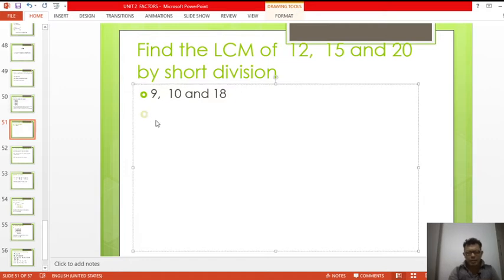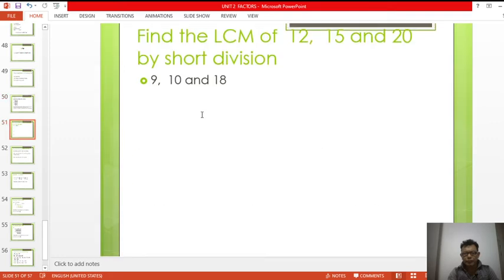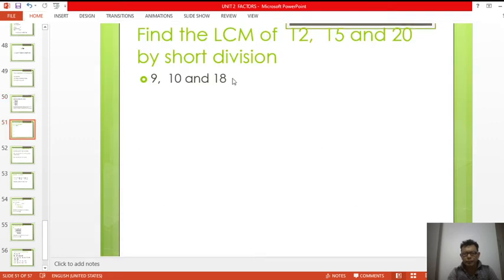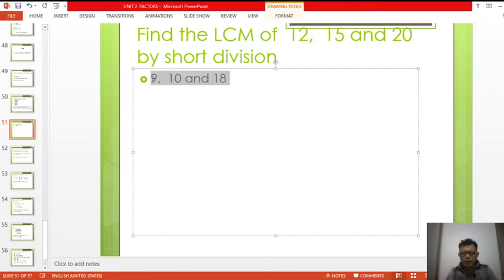Okay, we write them horizontally. So let's write 12, comma, a good space, 15, then a good space, 20. Okay, so that is our problem, right?